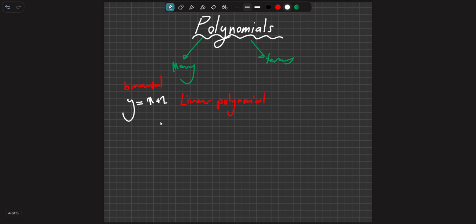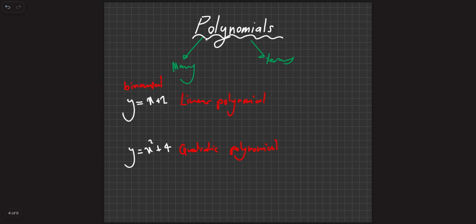Now, let's say another example, y equals x squared plus 4, for example, okay? This is a quadratic. We call it quadratic polynomial, okay? This has three terms, okay?